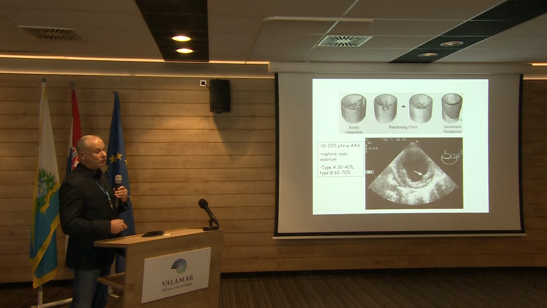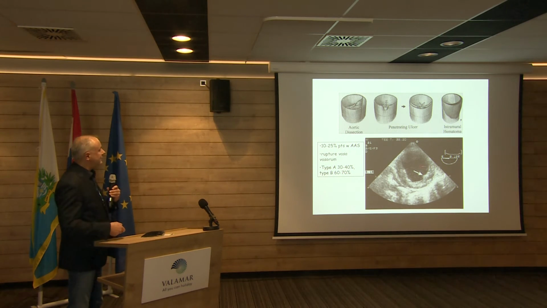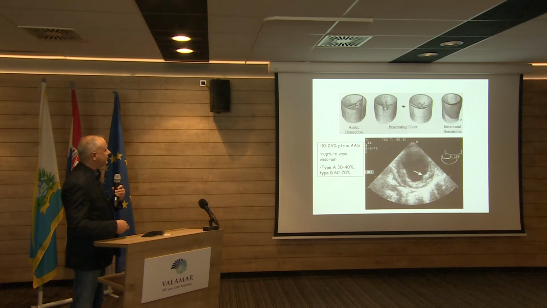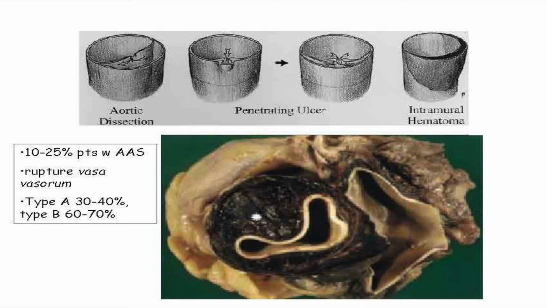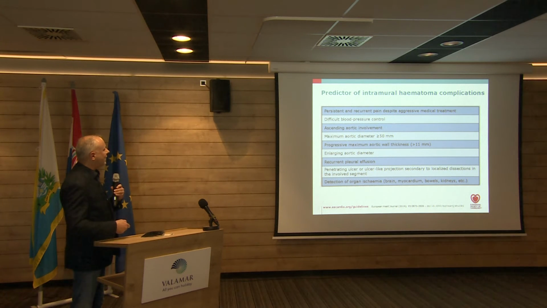Just opposite to classical dissection, most intramural hematoma is type B, meaning it involves the descending thoracic aorta, and only about 30 to 40% is type A. This is the typical pathological specimen. Predictors of complications of intramural hematoma are aortic diameter more than 50 millimeters, thickness of more than 11 millimeters, and recurrent pleural effusion, or penetrating ulcer.